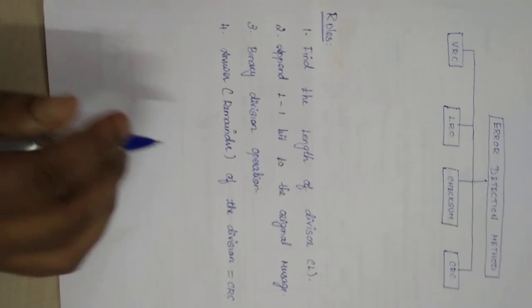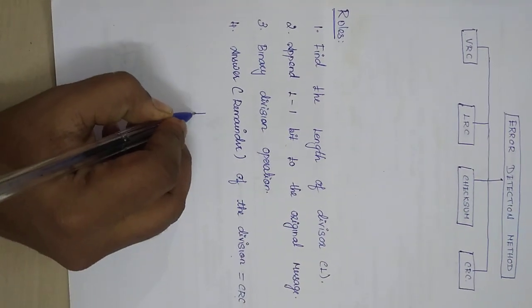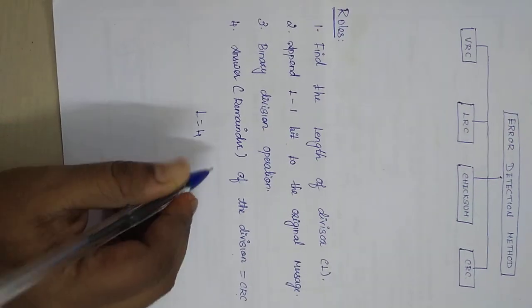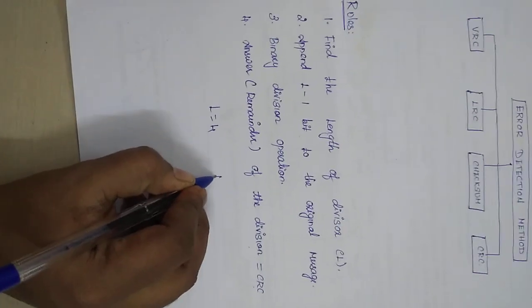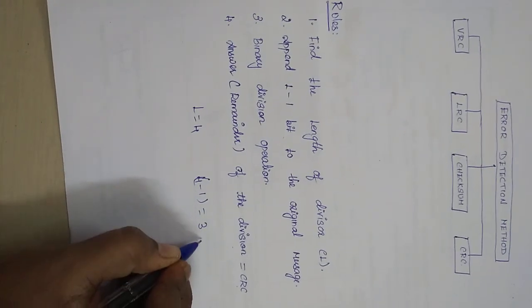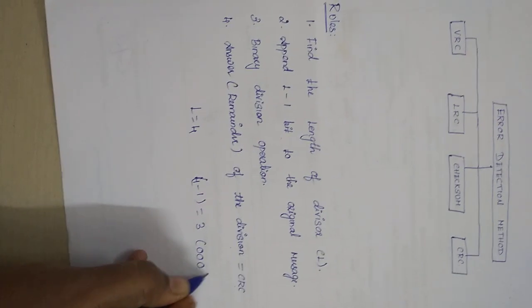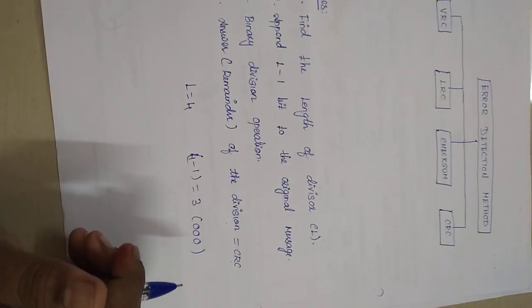Suppose the length of the divisor is 4. Then we append 4 minus 1, that means 3 zeros, to the original message.